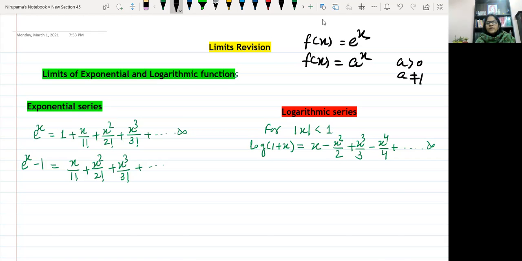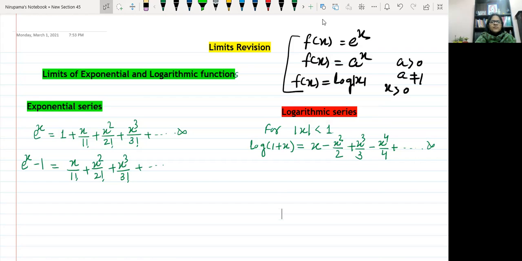And the logarithmic function is f(x) = log x, and of course x is greater than 0. Okay, so we know logarithmic and exponential functions like this. And today we are going to discuss how they can be used in limits.